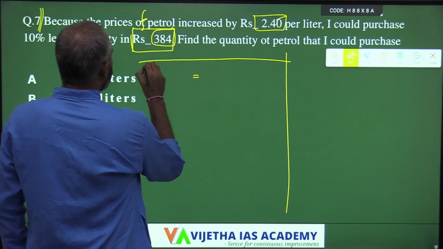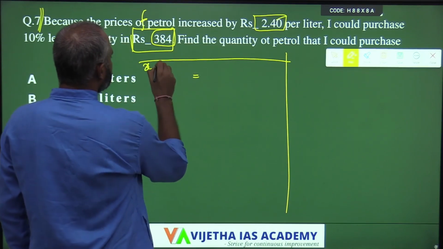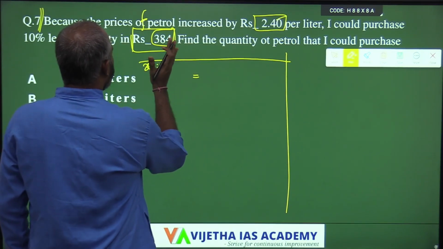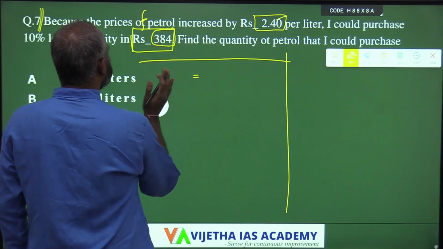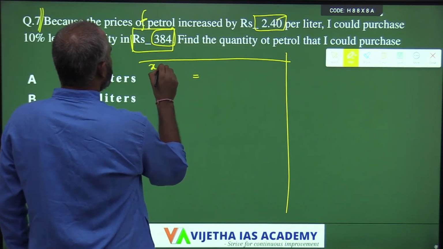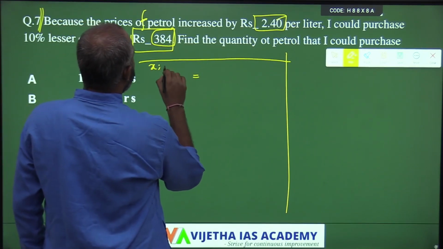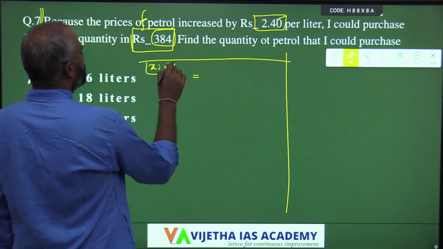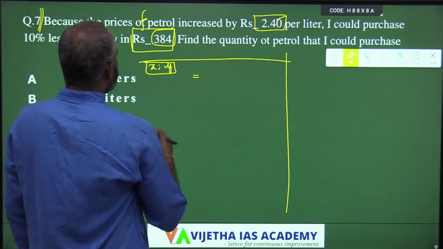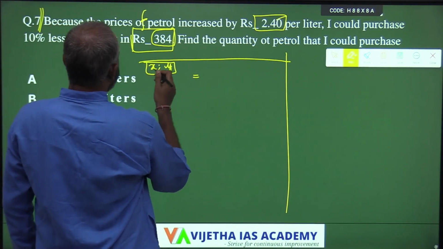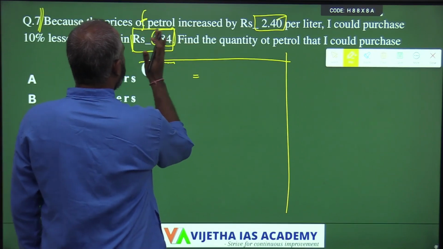Suppose the quantity of petrol he buys is X, and the previous rate was Y. Let me write the variables here.